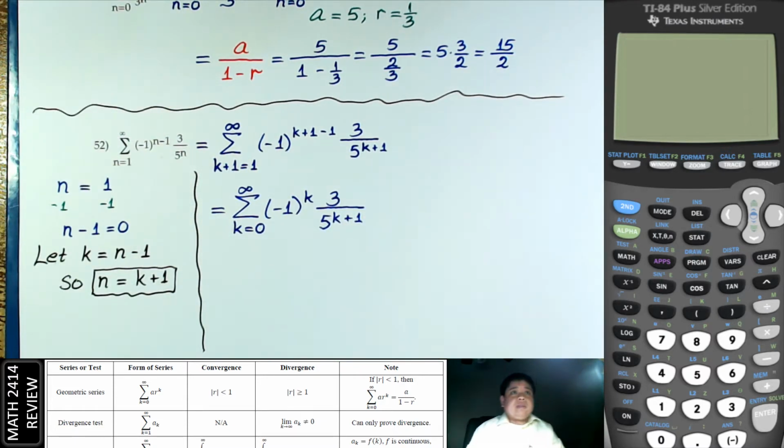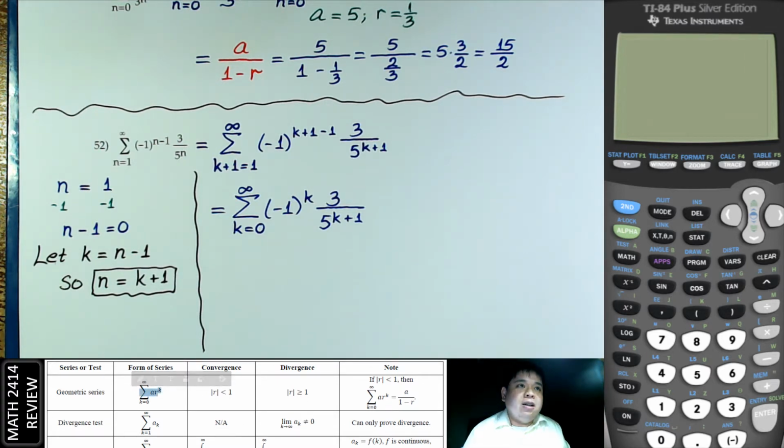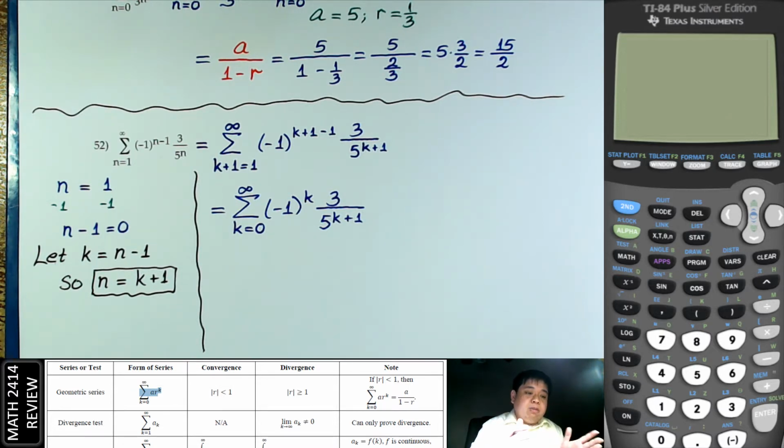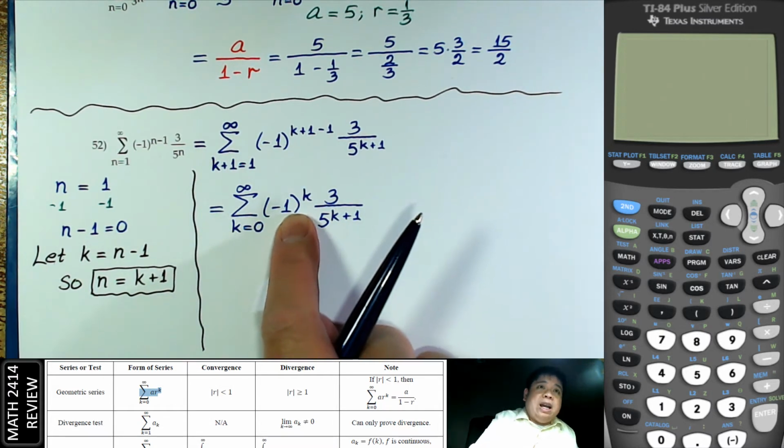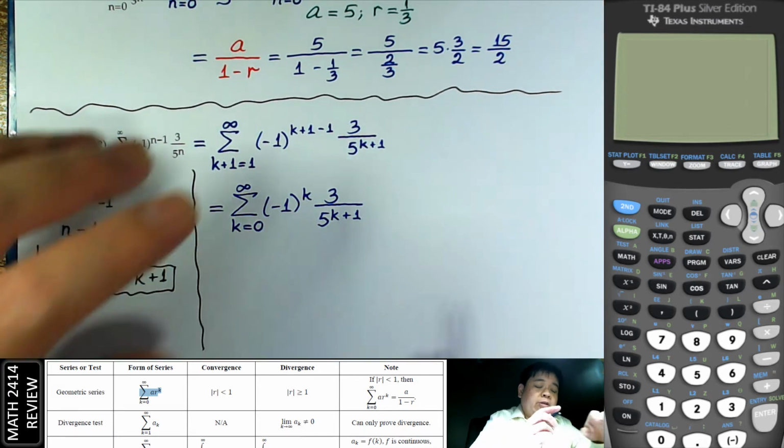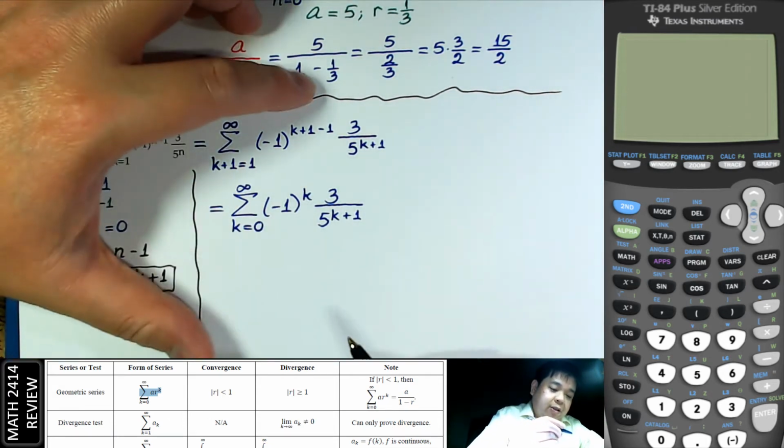Right. Once again, it has to be in the right form. So we have a constant, and then something to the k. So the -1 to the k, I put that on the top, and the 3 I move in front. Right?